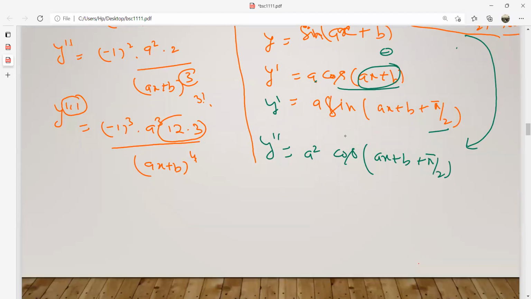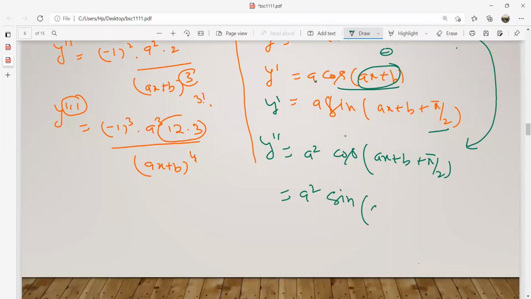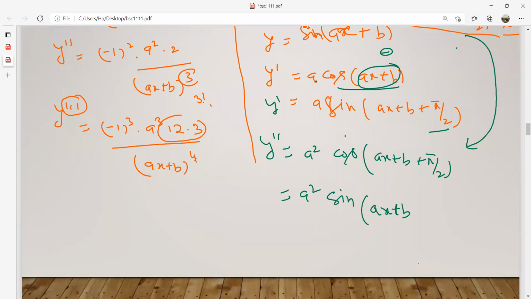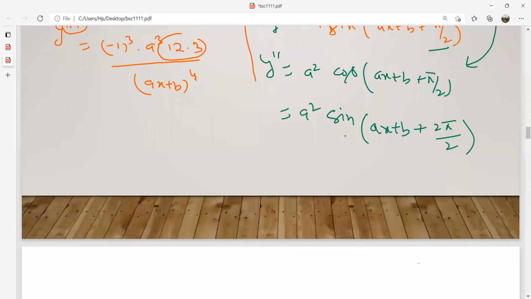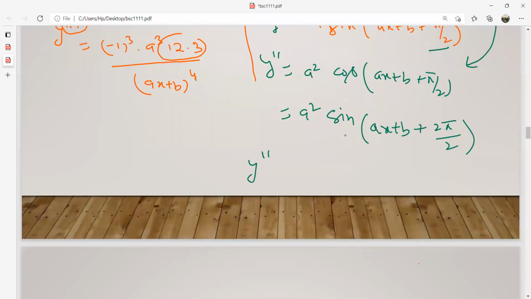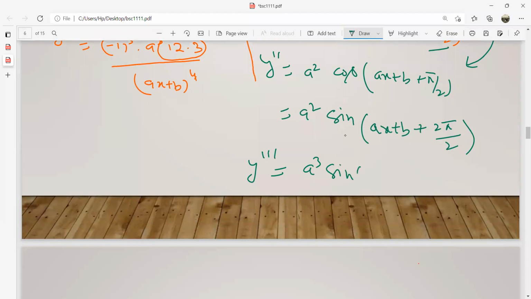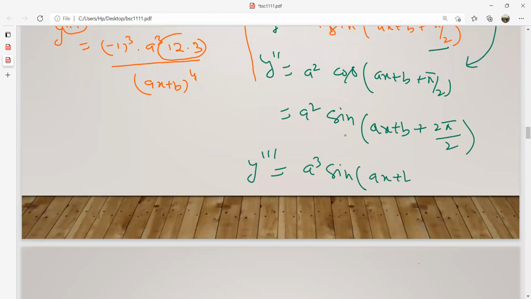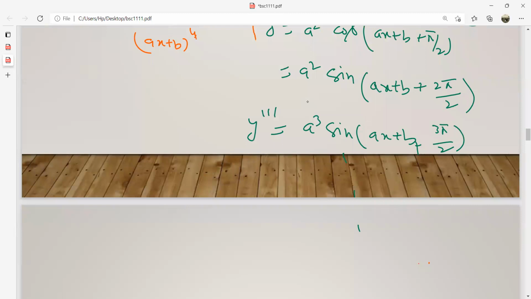So the value of this is a square sine of ax plus b plus 2 pi by 2. Or again if you find the third derivative, you know the value of this is a cube sine of ax plus b plus 3 pi by 2, and so on. So similarly, what is the value of yn?